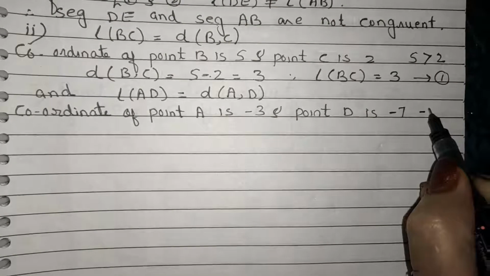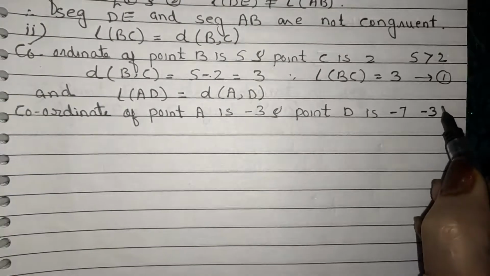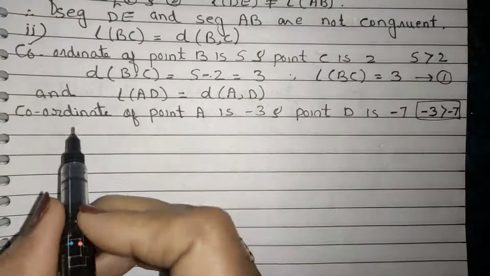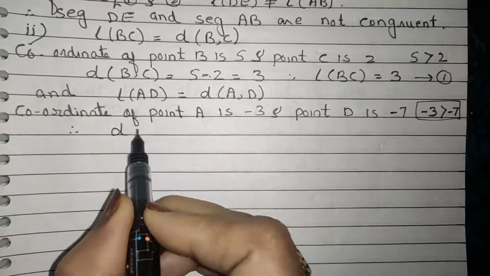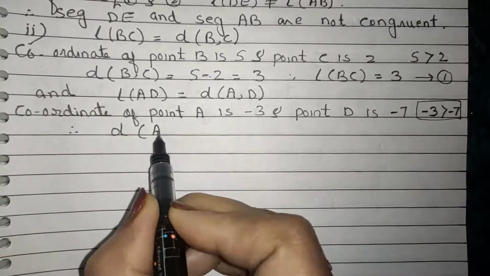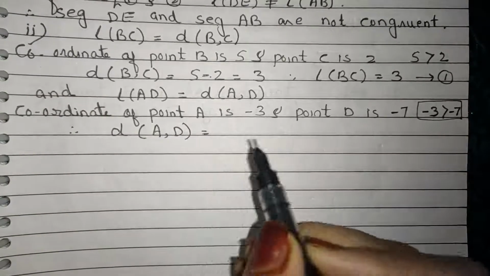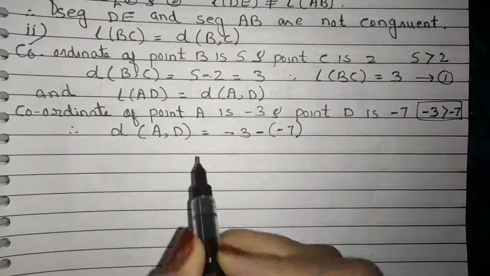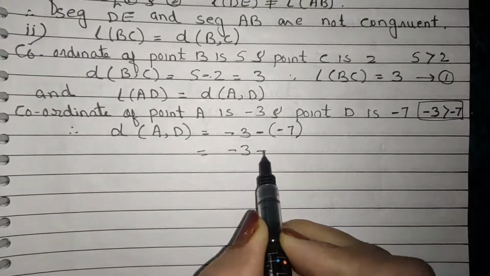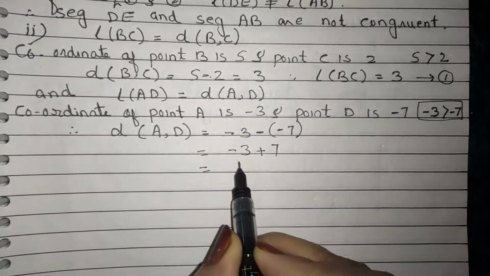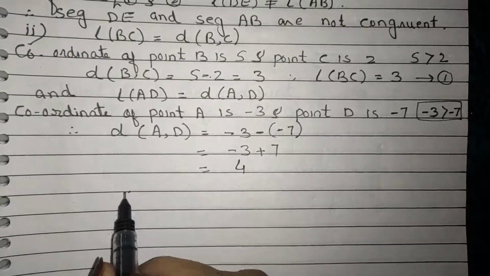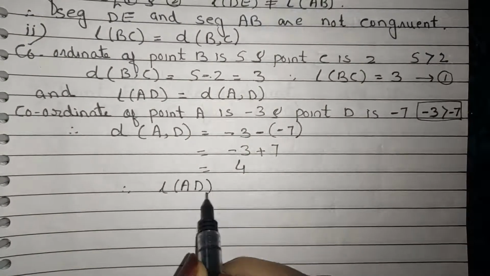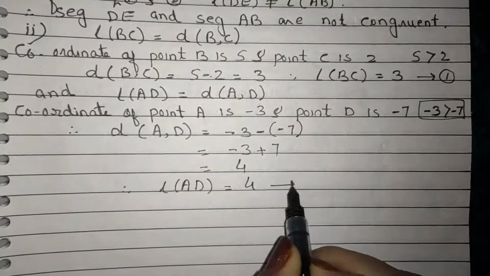Now here -3 is greater than -7. Therefore write down here distance between points A, D is equal to -3 minus (-7). Now solve it, we get -3 plus 7, which is equal to 4. Therefore, it is the value of length AD. Therefore, length AD is equal to 4. Give it equation number 2.